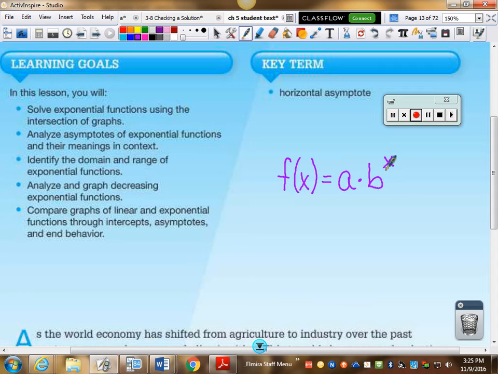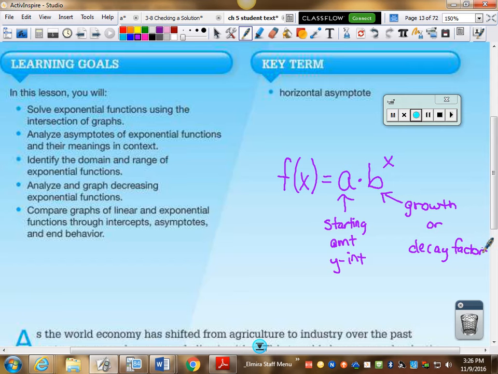The a is a number that represents your starting amount, also known as your y-intercept. Your b is your growth or decay factor. We say growth when we have a function that is increasing. We say decay when the function is decreasing.